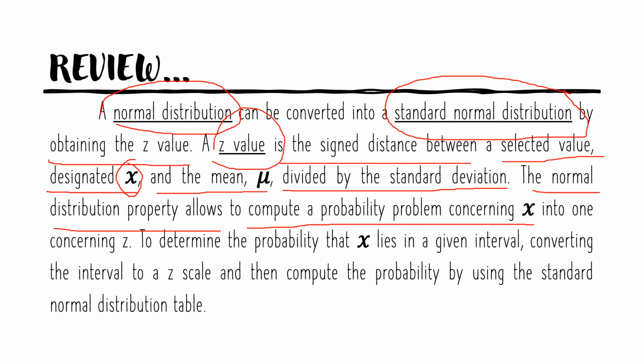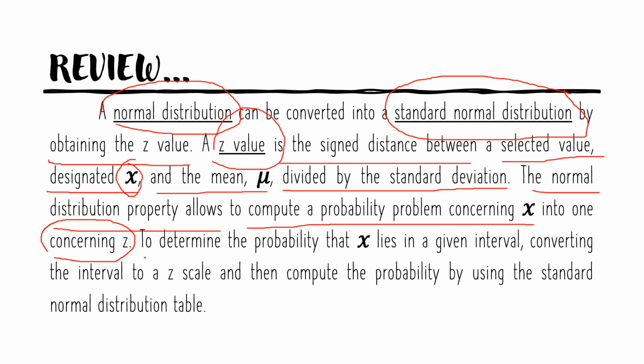There is a corresponding value of z in every value of your x, and a corresponding value of probability that we can map to each value of your x.